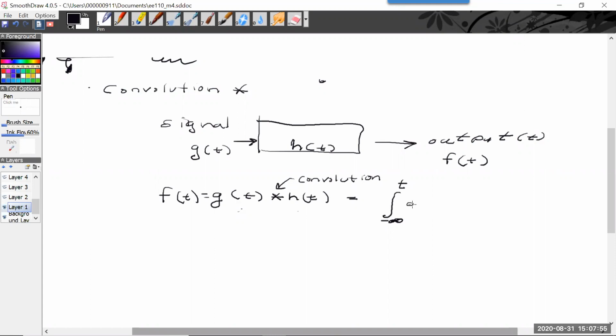That means we can't use t as our integration variable, so we switch to tau. Even though tau can mean RC in an RC circuit, in this case it's what we would call a dummy variable. Now we have the multiply symbol, we have h, and then we have t minus tau, d tau.